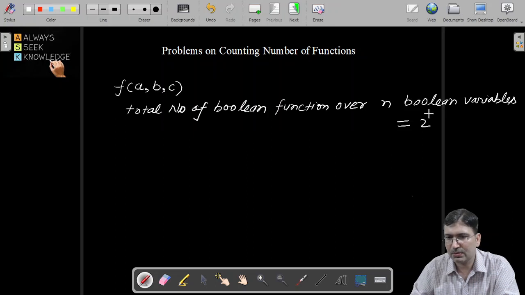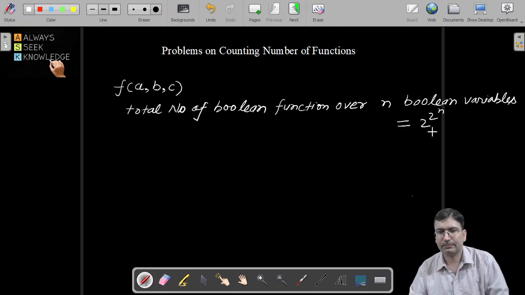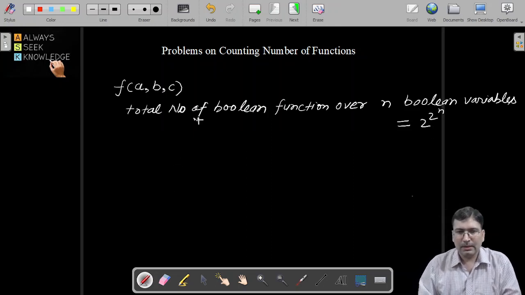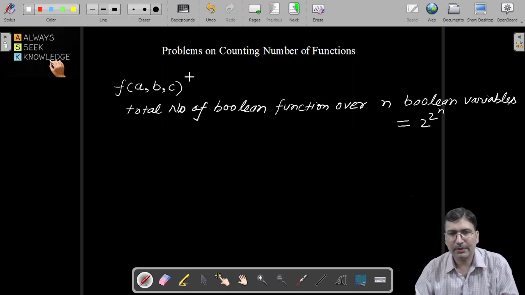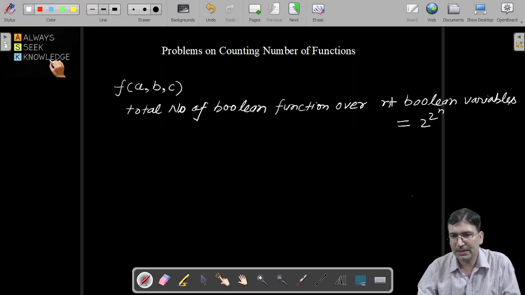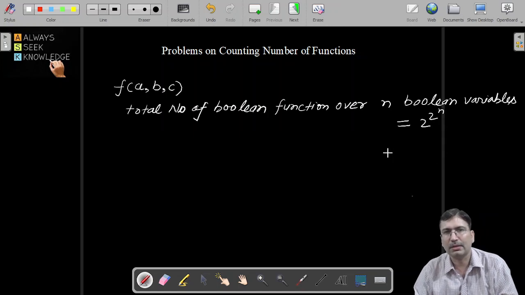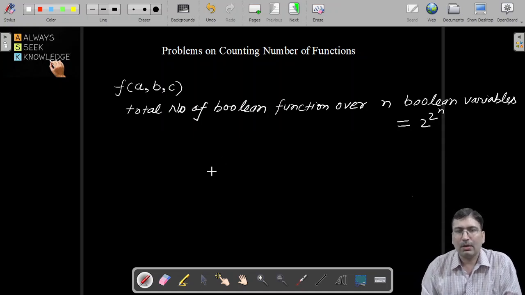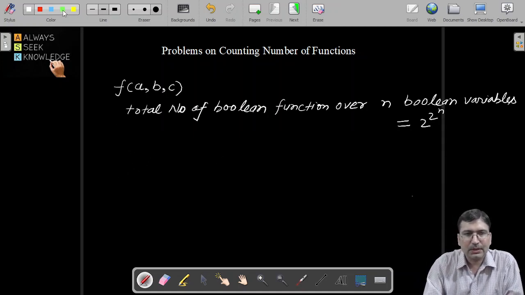We have seen this is 2 to the power 2 to the power n, right? But in this lecture, we are going to talk about what happens if a specific kind of function has been asked, not the total number of overall functions. Then how will we calculate? So let's think like there is a question given like this.